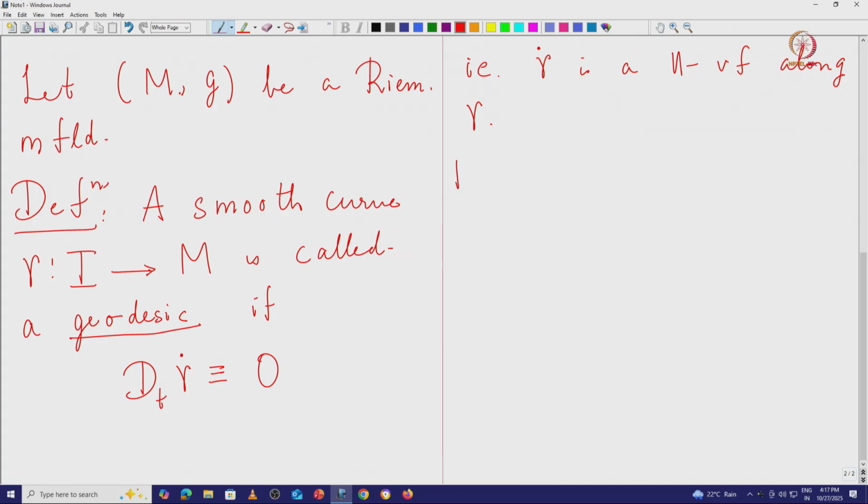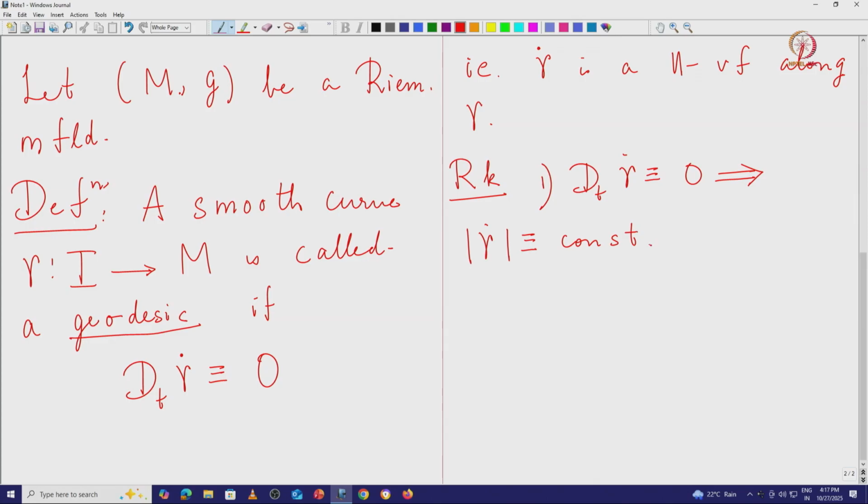Alright, so maybe let me make a couple of remarks. Firstly, if this is identically 0, then this implies that the speed has to be identically a constant.